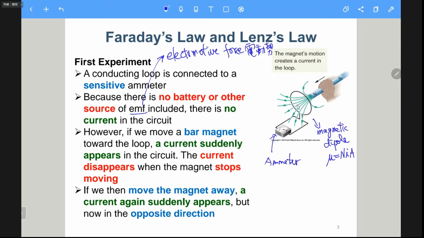If you just hold the magnet bar near the loop, there will be no current. If you move it away, there will be a sudden current again, but in the opposite direction. This is the phenomenon that we observe in this experiment.